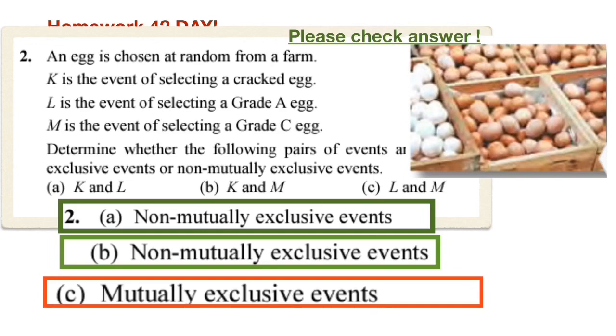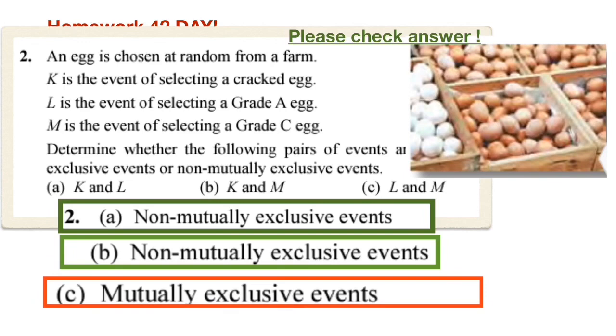So it means that it can happen at the same time, isn't it? Grade A can also be cracked. So that means K and L are non-mutually exclusive events. Same thing happened to K and M. Grade C and cracked can happen at the same time, right? So K and M are also non-mutually exclusive events.